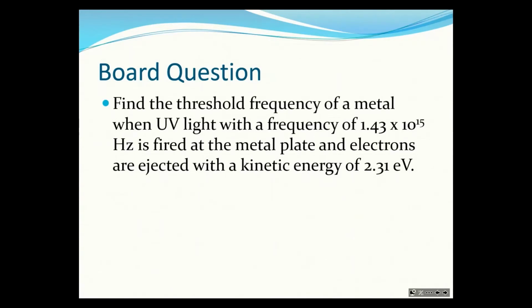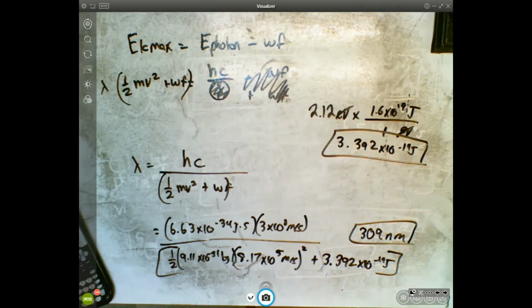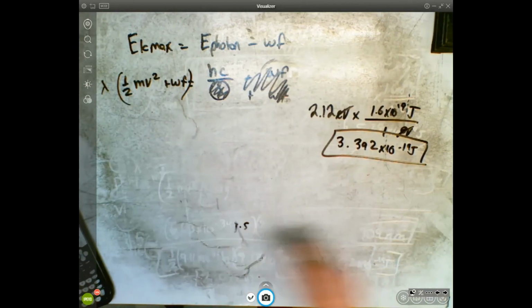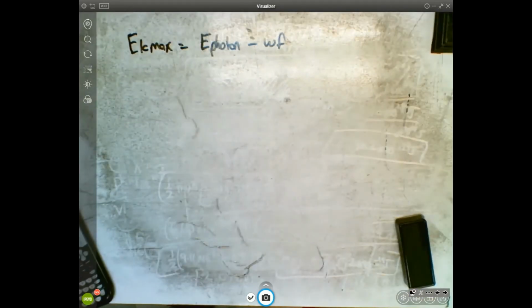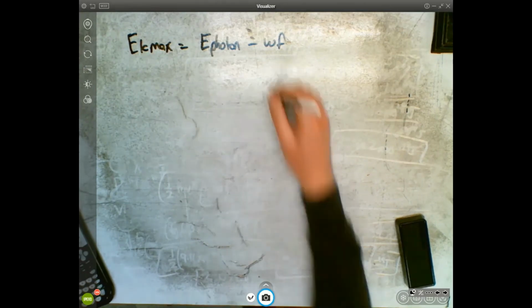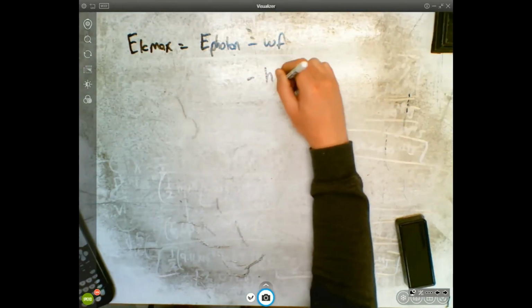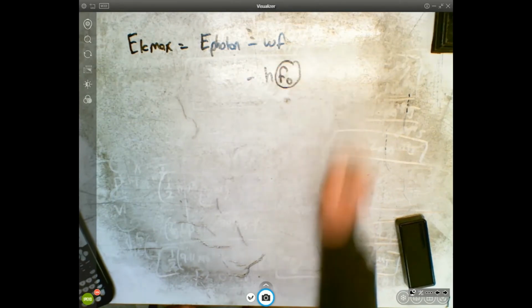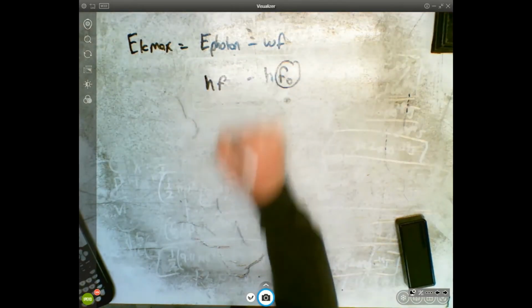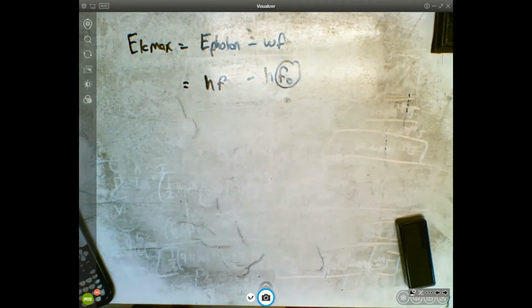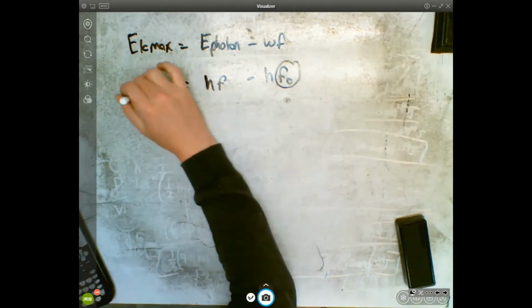For this one, because we're not dealing with speed, we don't actually need to be in joules. We're trying to find the threshold frequency. So work function we can break down into this, and we want to find this. They give us a frequency, so this is hf of our photon, and they gave us a kinetic energy, so we don't want to break this down because they don't give us a speed.